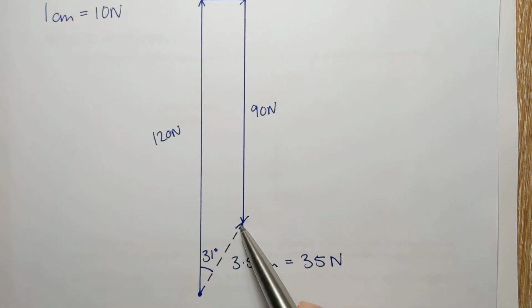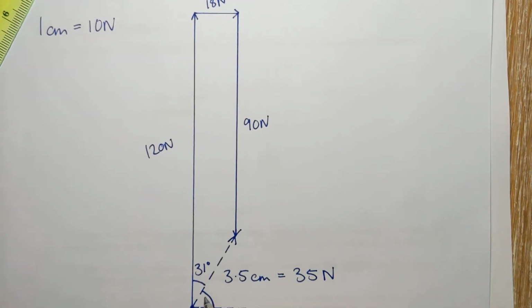Measuring this answer, I got 3.5 centimetres, so converting back to newtons, and with the protractor measuring that angle there. Don't forget, the question didn't ask us for the angle to the vertical. It asked us for the angle to the horizontal, so don't forget to put that in.